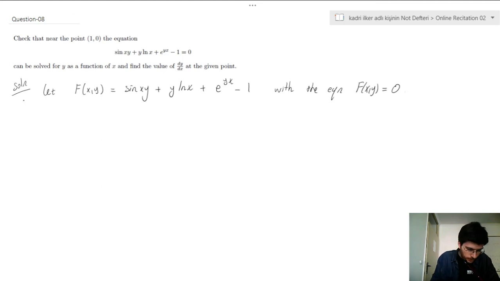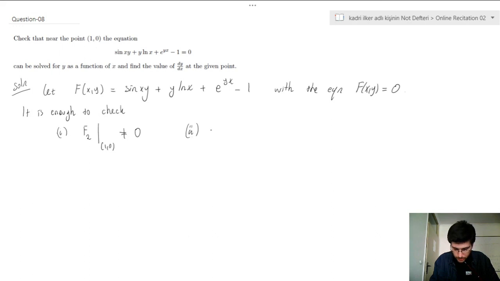But the theorem says that it is enough to check, first, if you differentiate f with respect to the second variable and evaluate it at the point, it should be non-zero. And the second one, all partial derivatives exist and are continuous at that point.